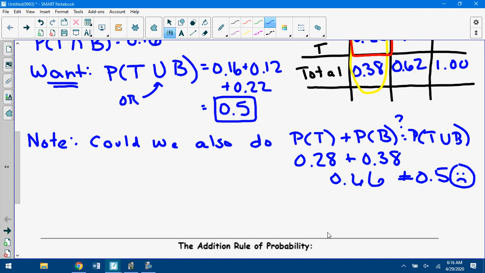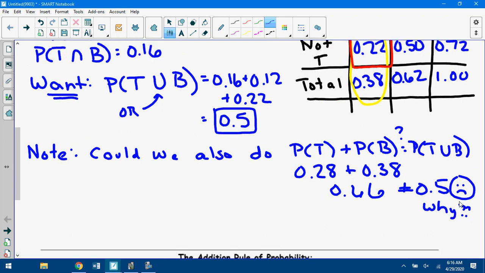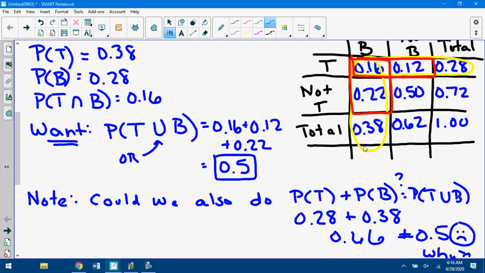Why? If you look at this table, what's the problem with me just taking this total plus this total? Well, it kind of shows you in the table. If I just take this column and then I add this column, I just double counted this 0.16 right here. That's part of both columns.